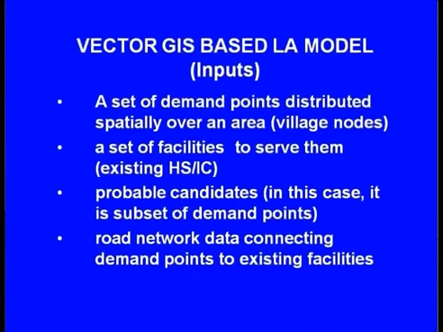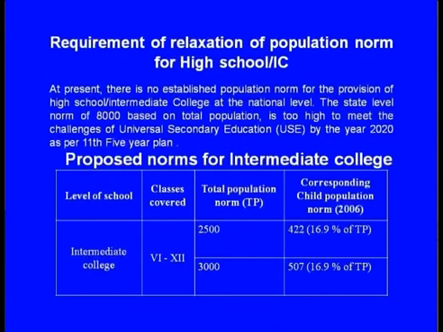In this, we go in for vector GIS based LA models to find out where our demand areas should be located, for working out where the high schools and intermediate colleges should be, and using the child population norms, we proceed to find out whether we need more than one facility.